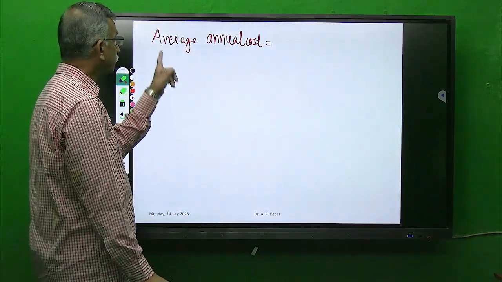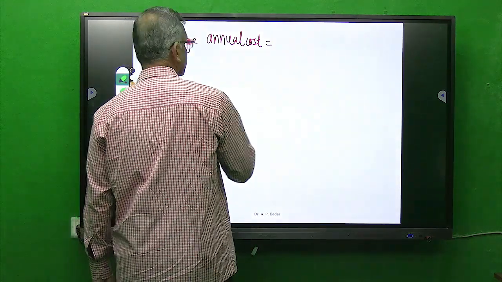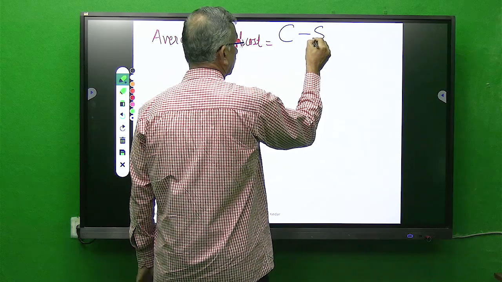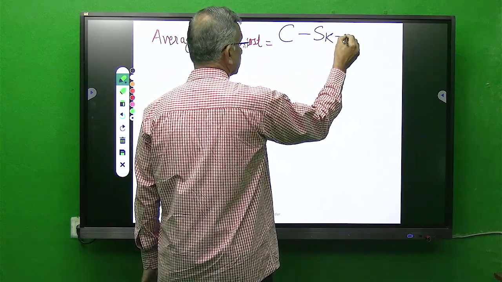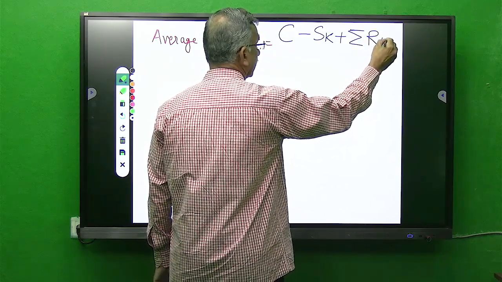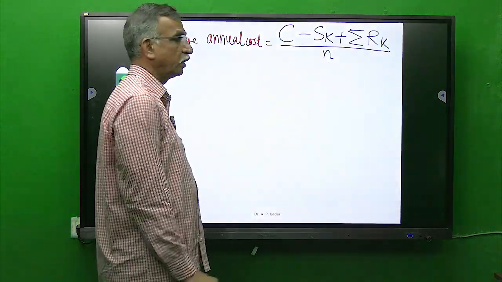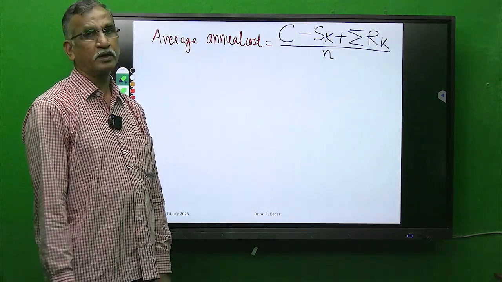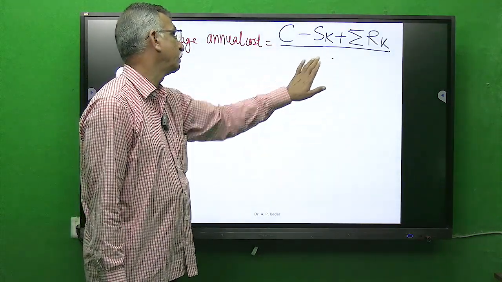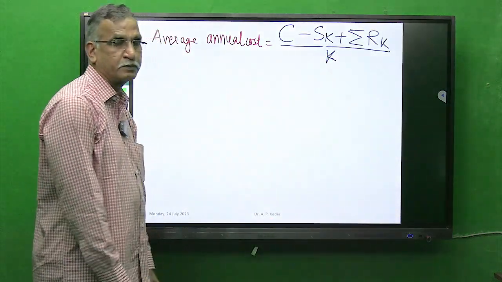I am using now the term average annual cost, which is very much obvious: C minus SK plus summation RK, upon N or K. N is the time period, or instead of N I can write K, no harm in writing K, the time period.